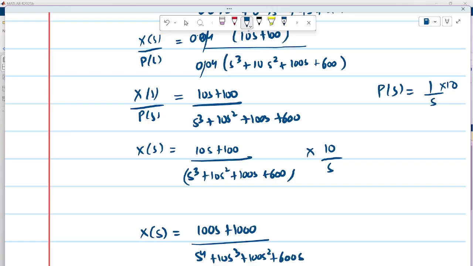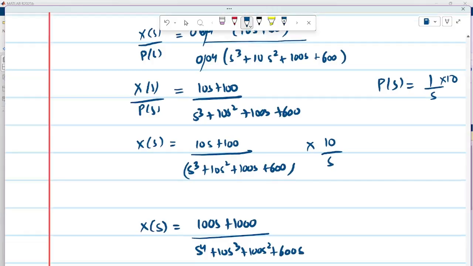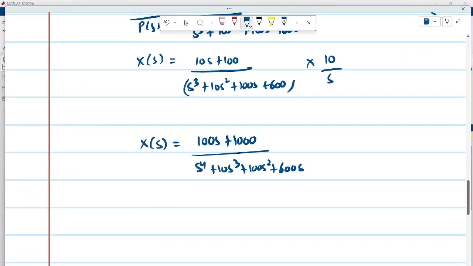So this is what we have in our numerator and denominator. What we have to do is convert that back into the time domain to get the displacement. Obviously that's a time domain thing, and for that I need to perform the inverse Laplace transformation of this expression.